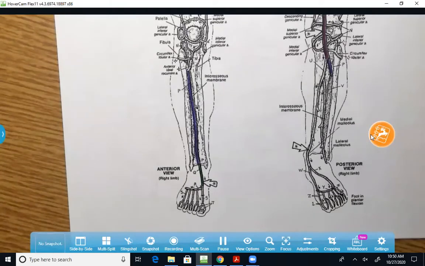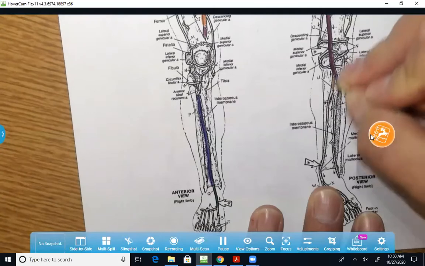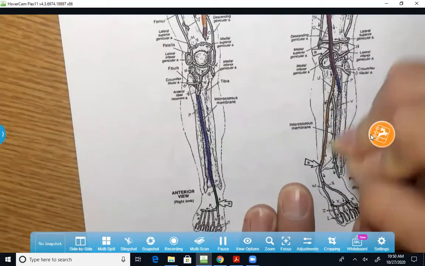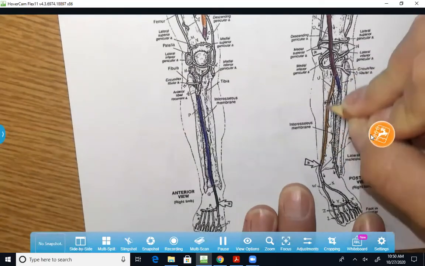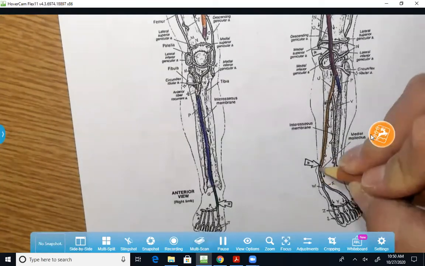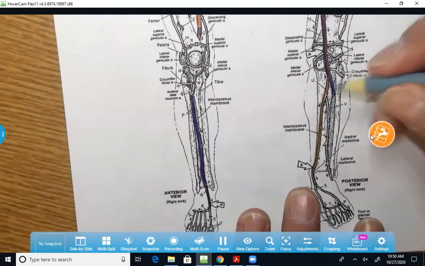Pedis refers to foot. Posterior tibial is the other branch coming off of that popliteal artery, runs down the back side of the tibia, past the ankle onto the bottom of the foot. A branch coming off of it that I want you to know is your fibular artery, letter V, which runs along the fibula.